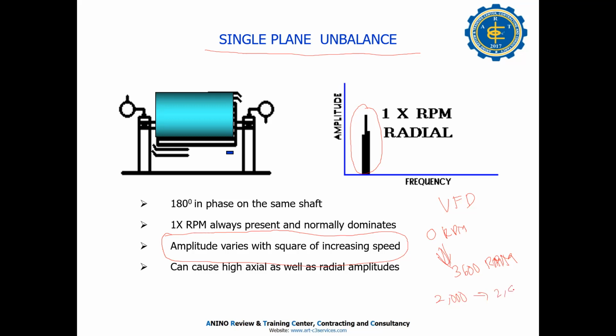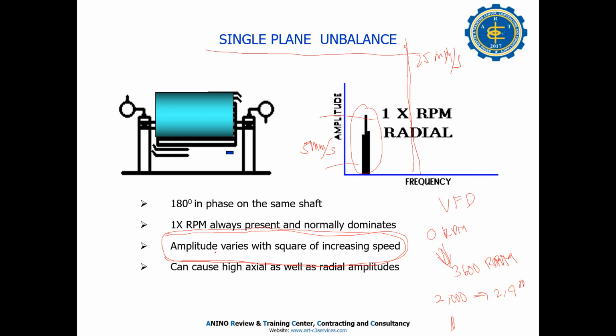If we increase it to 2,400, then the amplitude will increase. For example, from 5 mm per second, if you go to higher RPM, the vibration goes up by the square, so maybe 25 mm per second. So if somebody asks you during an interview how to identify unbalance: only one time RPM is dominant, and if we increase the speed, the amplitude increases also.